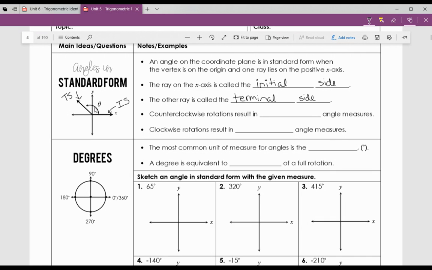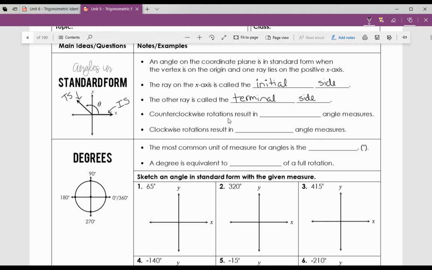Notice the marking, because we can rotate one way, we can also rotate a different way, and one rotation is positive, the other is a negative rotation. So when you draw your angles, you have to make sure that you do the markings so that I know that you're referring to the positive angle and not the negative rotation.